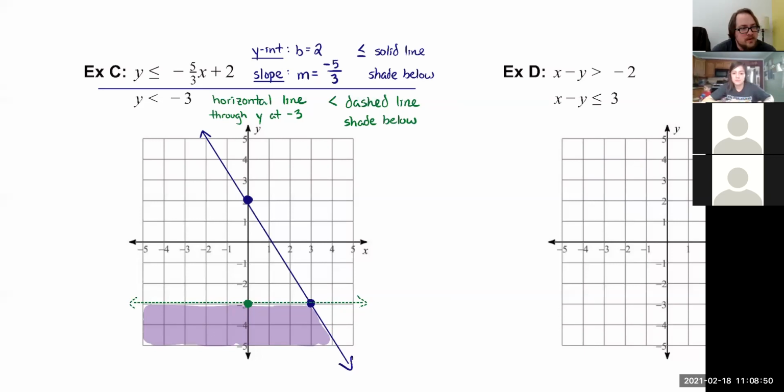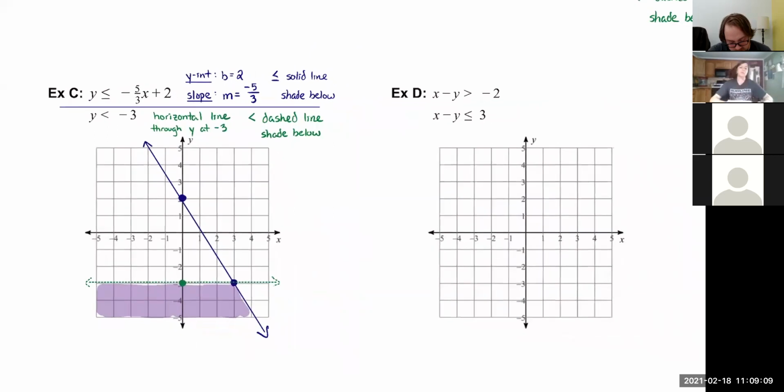So even when you throw in these unique lines, horizontal, and don't forget vertical would be similar, it'd be x is greater than or less than a value, you still can follow that same guide, that same process.